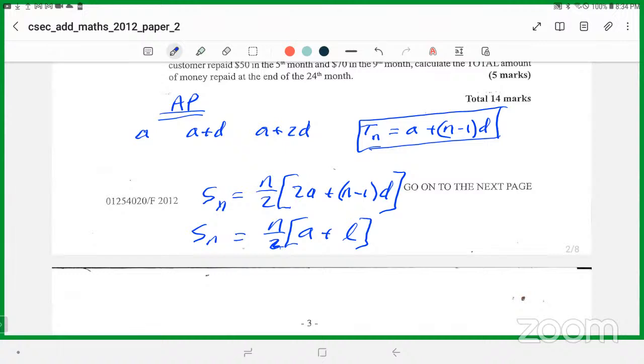But when you're doing the AP/GP questions, a lot of the times the question will either be asking you for a term, or it might be asking you for the sum of a number of terms. Just that sometimes when asking you for a term, they still use the word sum.